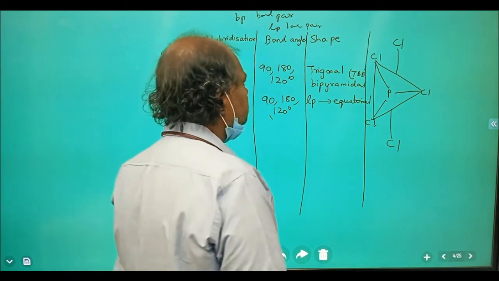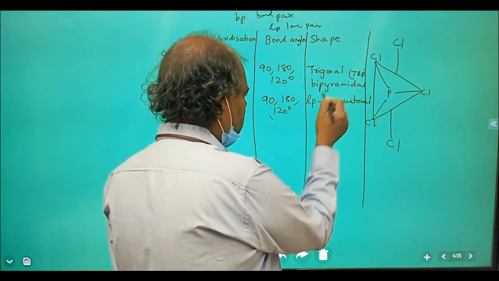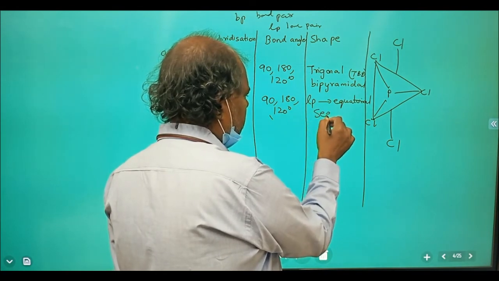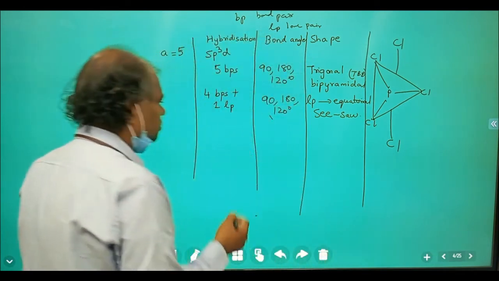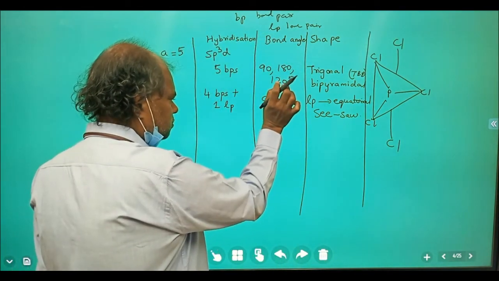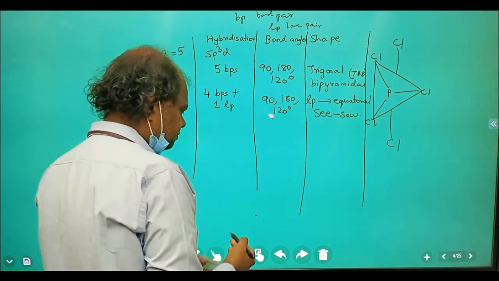Lone pair will take more space. So what will be the shape? Come on, tell me. Seesaw. Okay, fine, no problem.